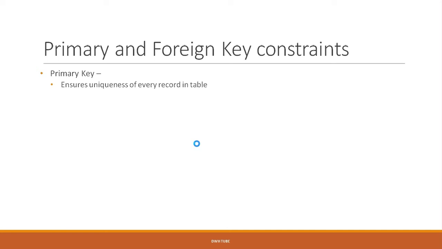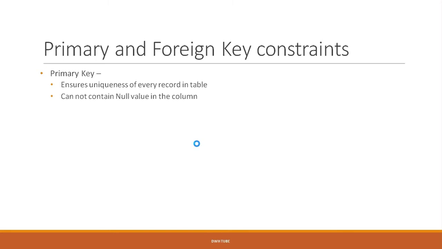So if you define customer number as primary key, then every record in the customer table is going to have a different value for customer number, and if you try to insert the same value, Oracle is going to give you an error.